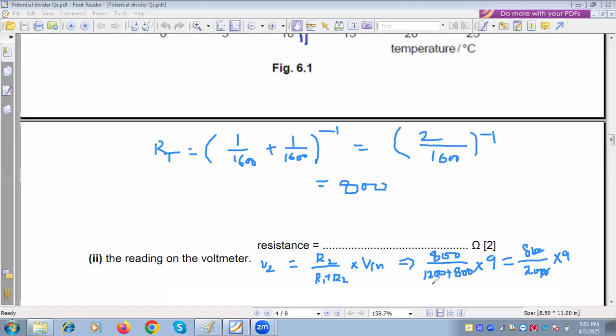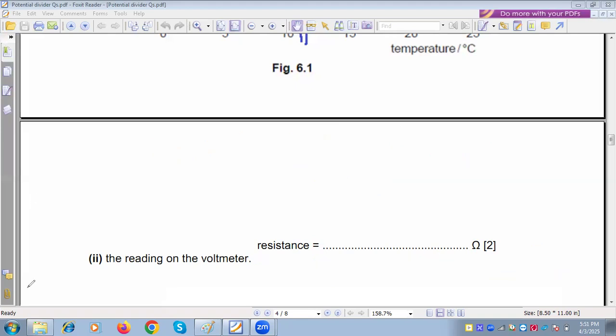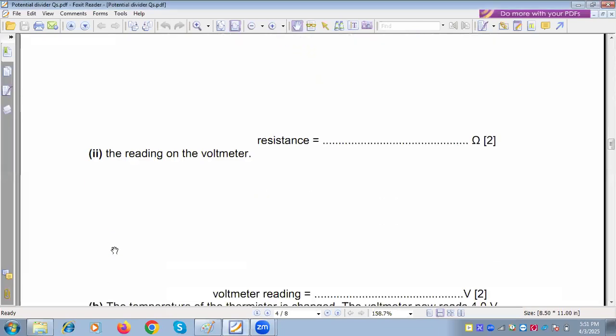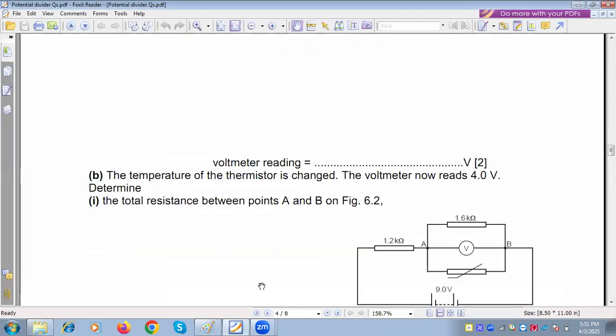The potential difference across the combination of the thermistor and the resistor connected in parallel is 3.6 volt.